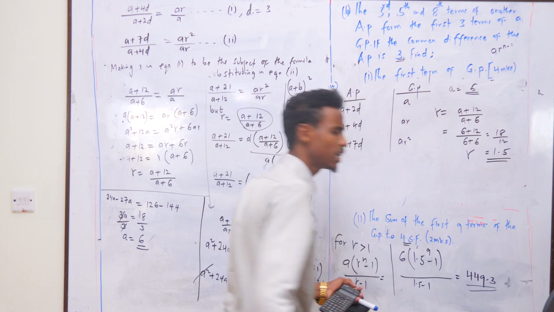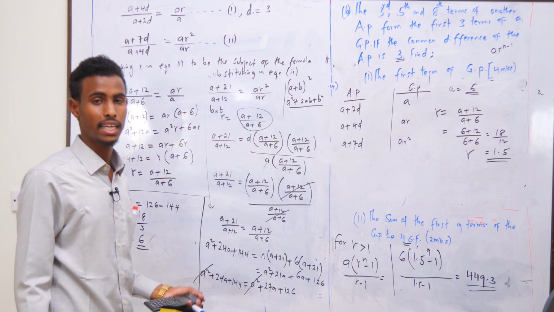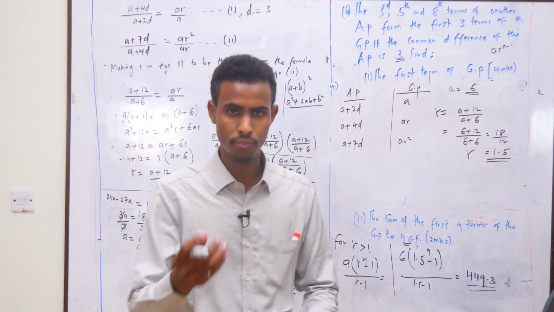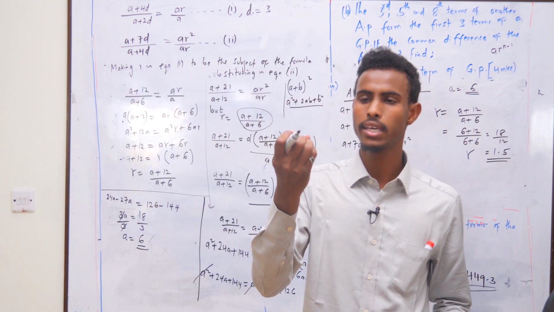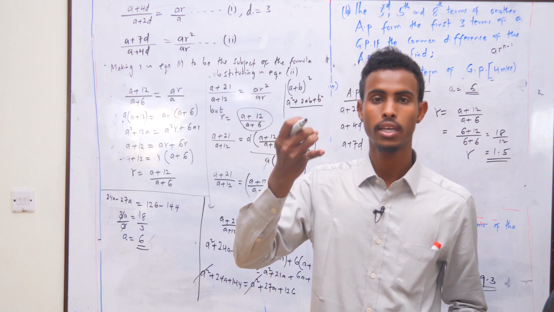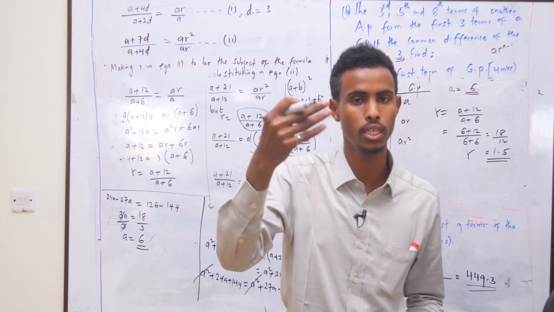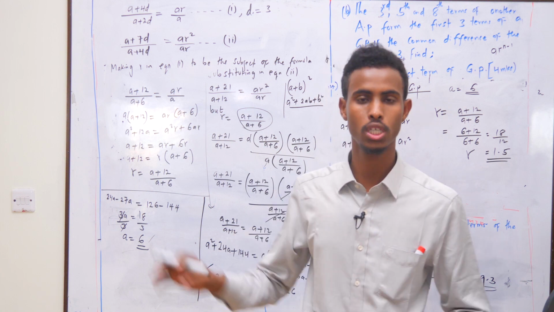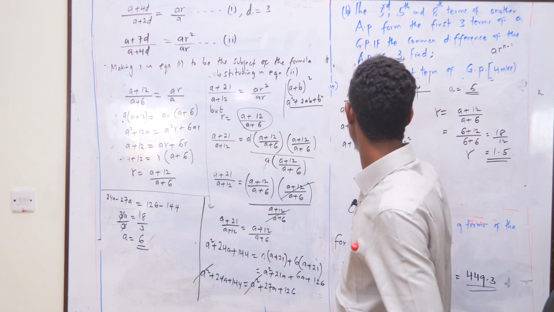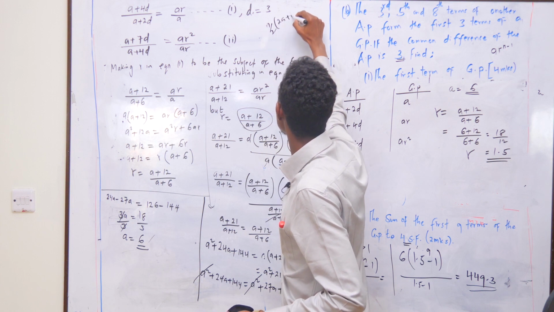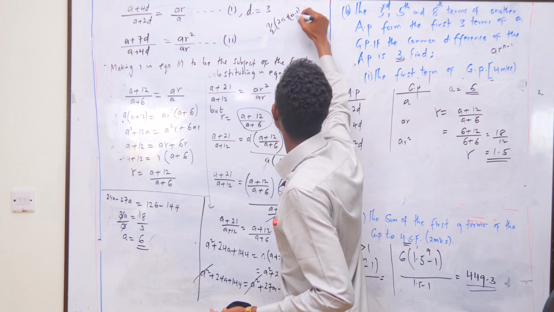Class, the question was basically about an arithmetic progression and a geometric progression combined. The first one was you were given the first term, the number of terms, and the sum, and you were asked to get d. Very simple. You just insert the formula: n over 2 into bracket 2a plus (n minus 1)d.